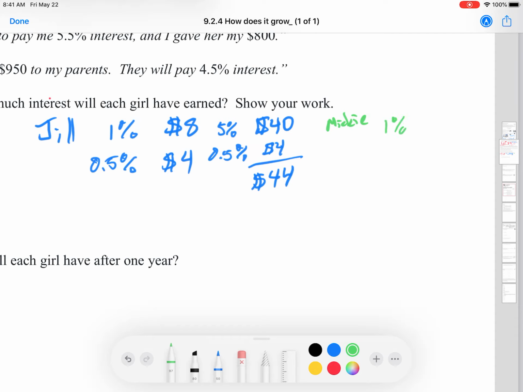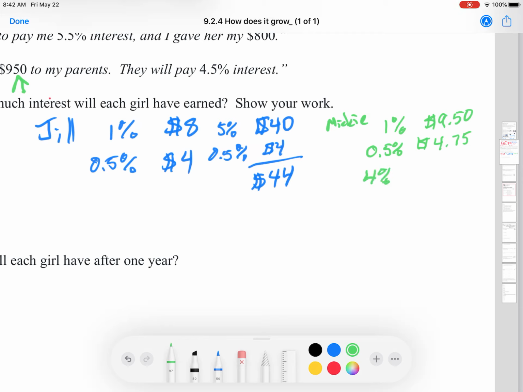So what's 1%? 1% is $9.50, right? 0.5% is 1/2 of that. 1/2 of $9.50, so 1/2 of 9 is $4.50, and then 1/2 of 50 cents is 25 cents. So $4.50 plus that other quarter will be $4.75. Okay, so now let's figure out what that would be.